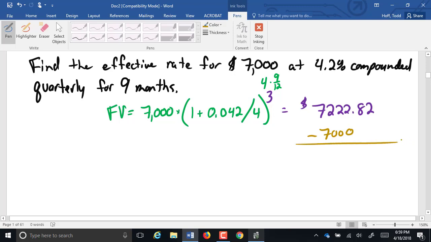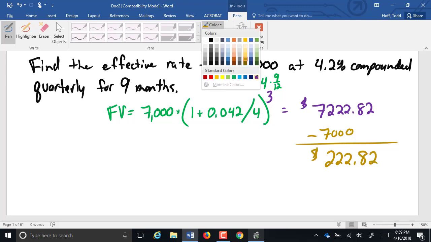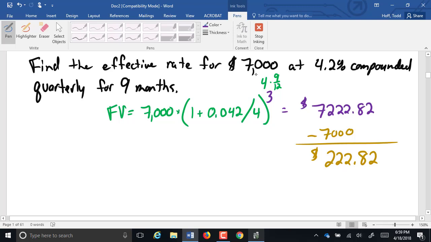Subtract that present value or the beginning value to get $222.82 in interest. And then I equals PRT. That 222.82 is our interest.